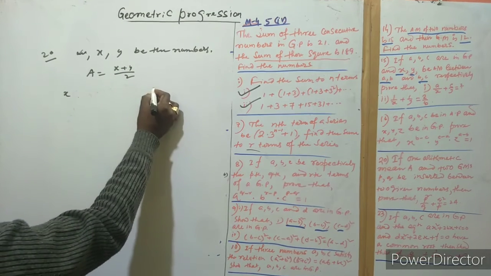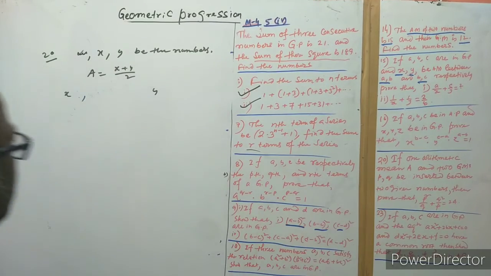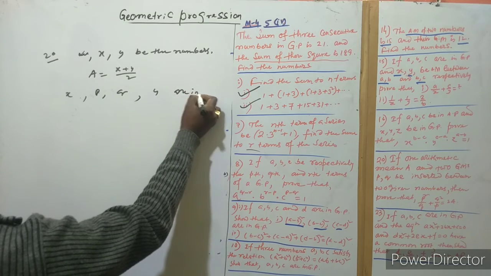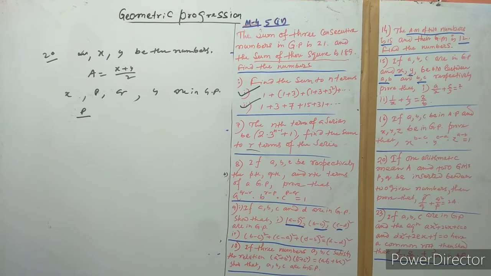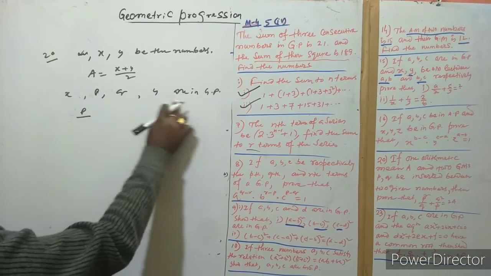Now between x and y we insert two geometric means, P and Q. So P and Q are in GP, P and Q are GMs between x and y, so this series is in GP.